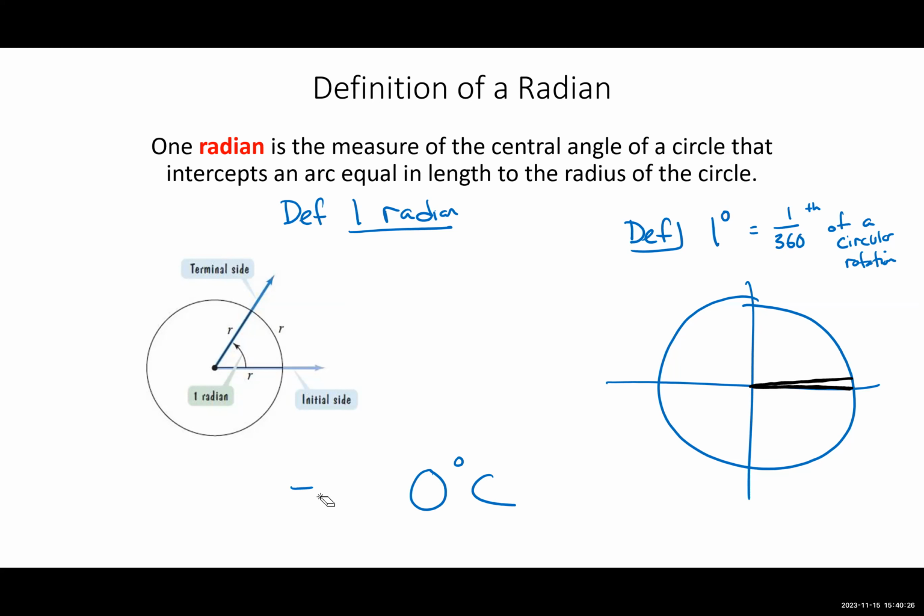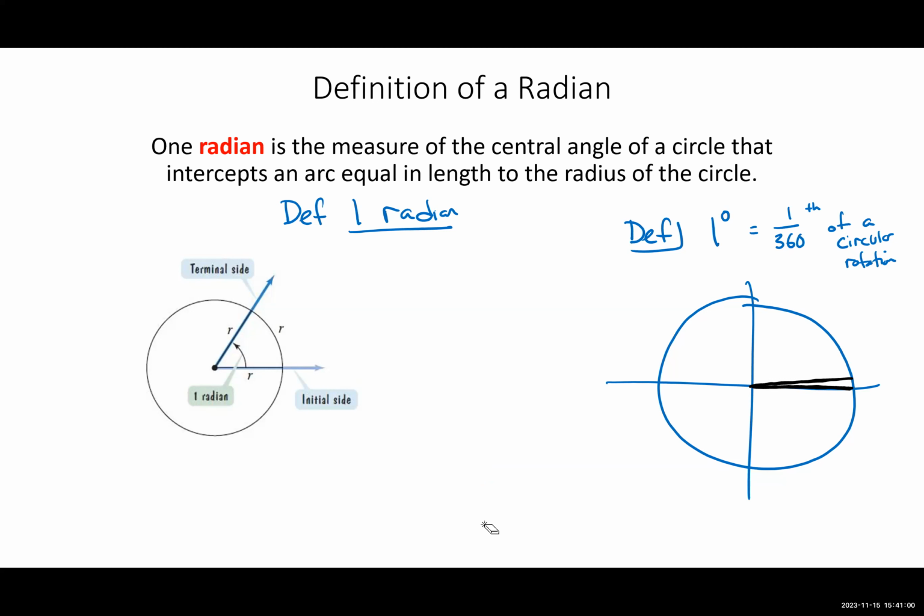If we want these two to be equal, 32 degrees Fahrenheit is the exact same temperature as 0 degrees Celsius. If a temperature increases by 1 degree Fahrenheit, that is not the same as 1 degree Celsius. Same thing is true for degrees and radians. 1 degree and 1 radian are not the same thing.